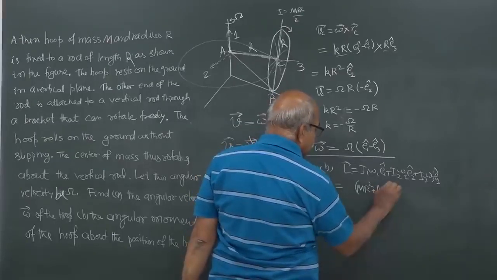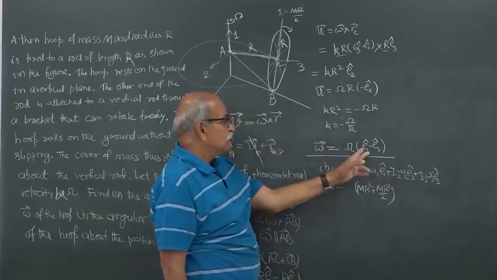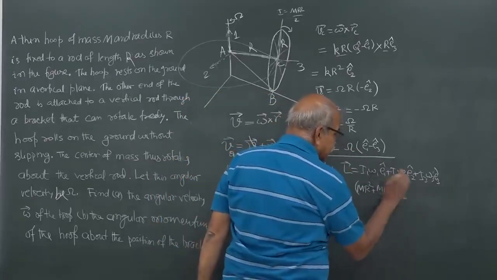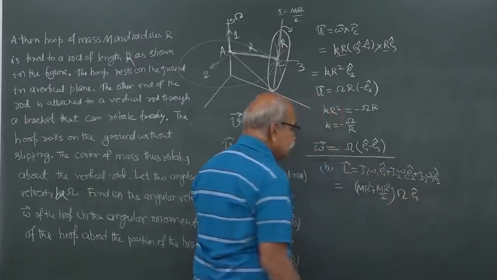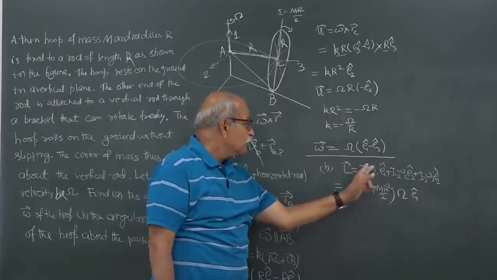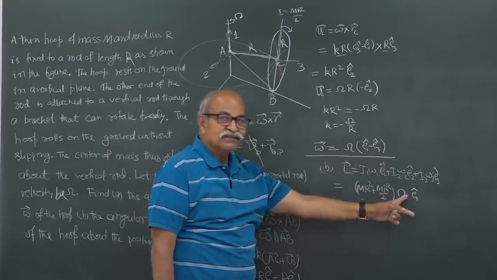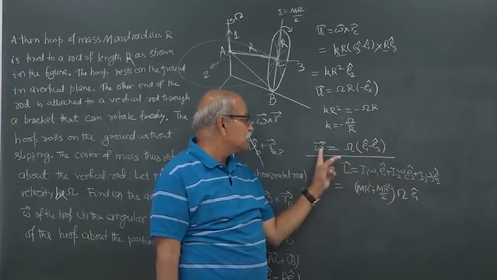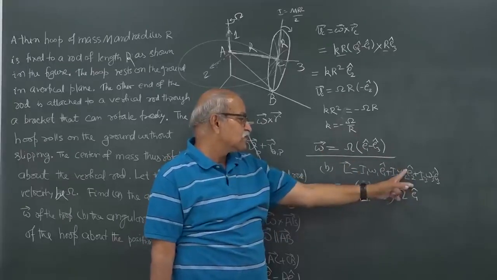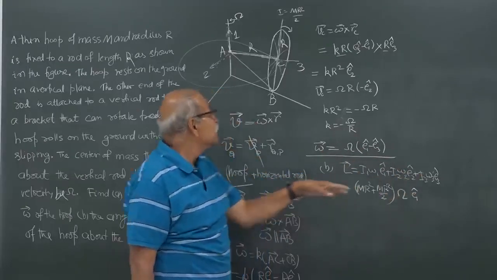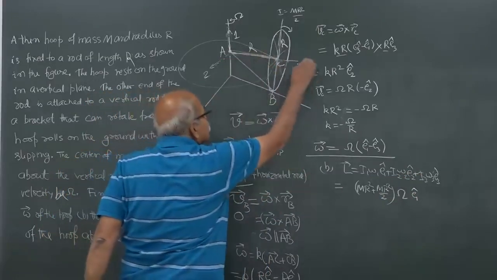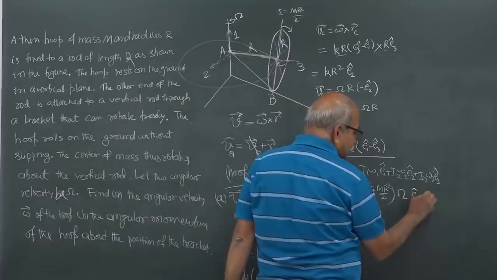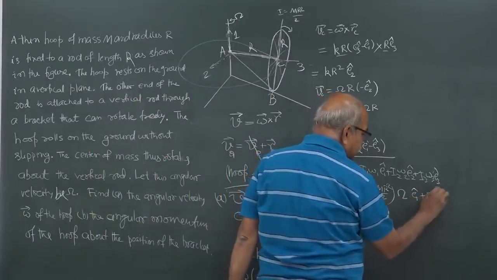And omega 1. What is omega 1? This is omega. So, omega 1 is this capital omega, and then this E1 cap. Right, I1 is here, omega 1 is here, and E1 cap is here. Omega 2, I do not have any omega 2, there is no 2 component of omega. So, this term I need not write, and then this term I3. What is I3? Moment of inertia about the 3 axis, and that is the axis of the hoop, and so it is m r square.